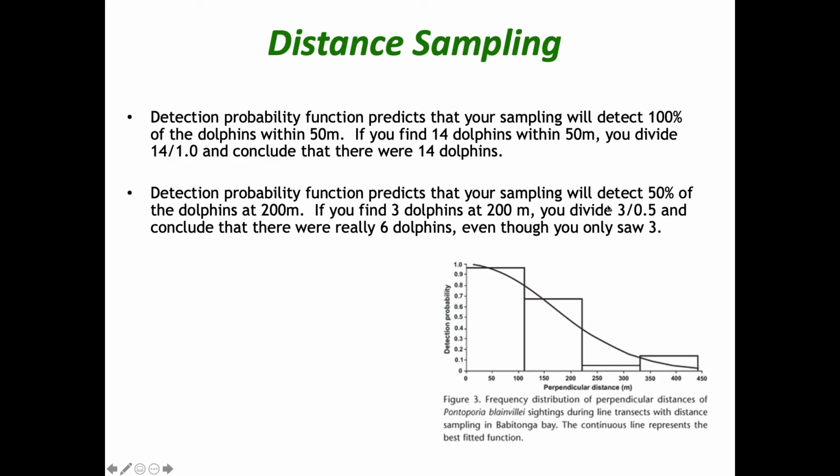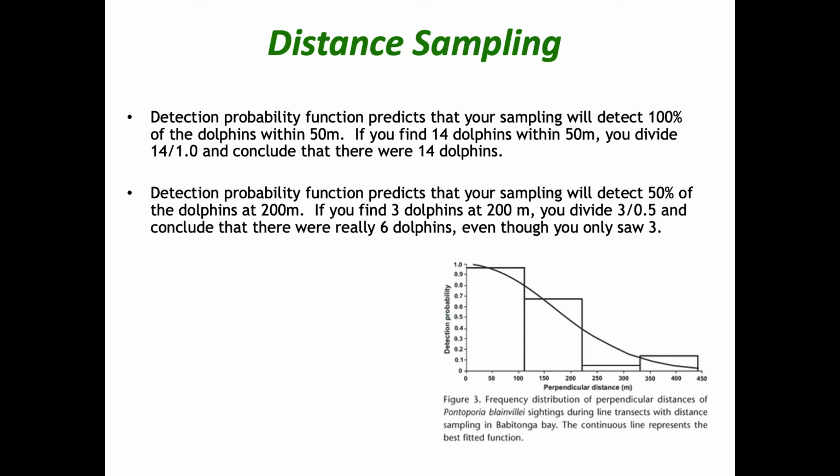But if we're only predicting that we detect about 50% of the dolphins at 200 meters, that's different. Let's say in our 200 meter distance band, we observed 3 dolphins. Well, we would then divide 3 by 0.5, which is our detection, and we'll estimate that although we only detected 3 dolphins, there were probably 6 of them. So that's how distance sampling works to correct for abundance estimation at different distances.